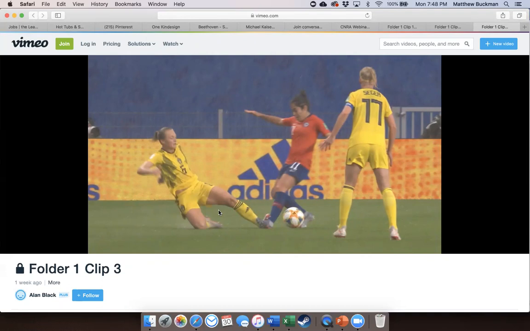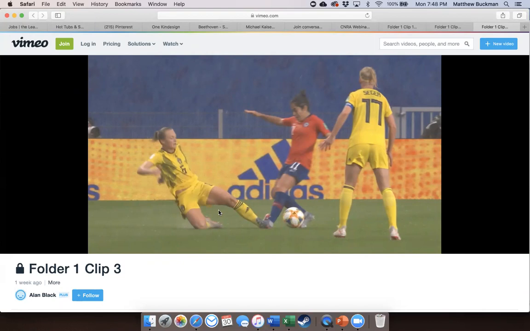Making unfair contact with an opponent after playing the ball means you are guilty of an offense. So what that means for us is getting the ball, playing the ball first, which we hear a lot on the soccer field, actually doesn't mean anything if you make unfair contact with the opponent before or after doing it.